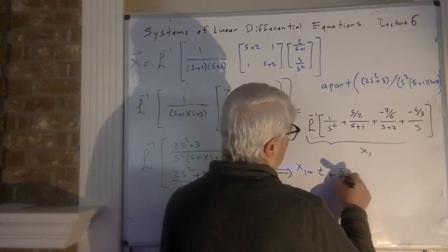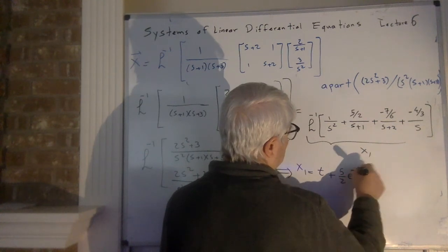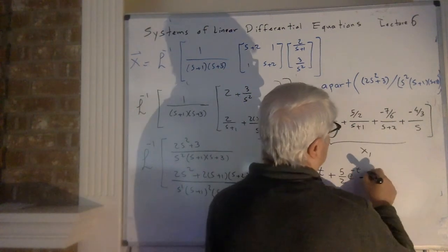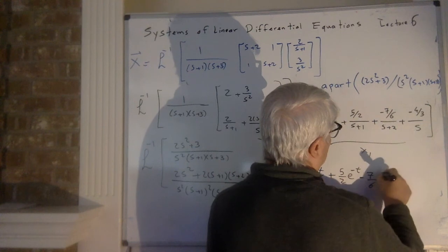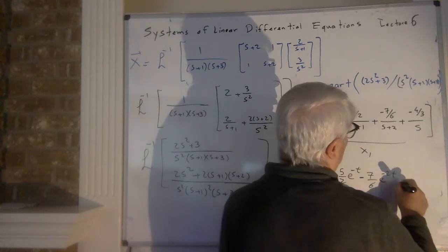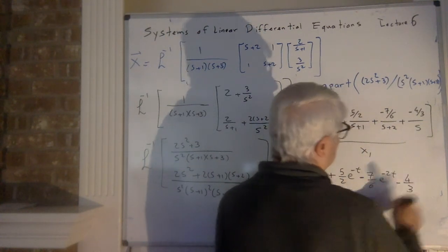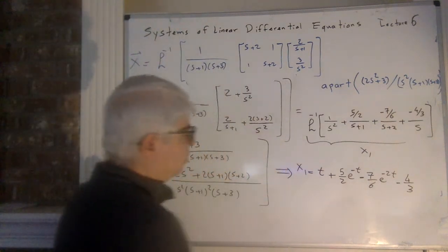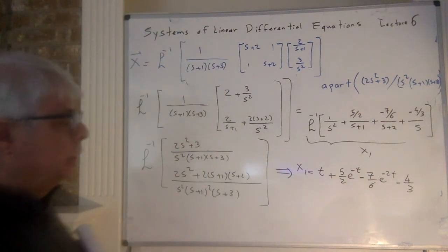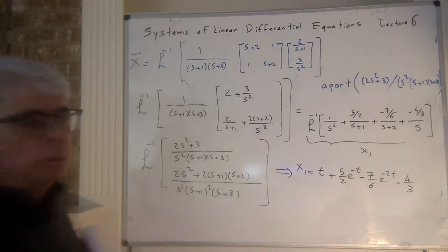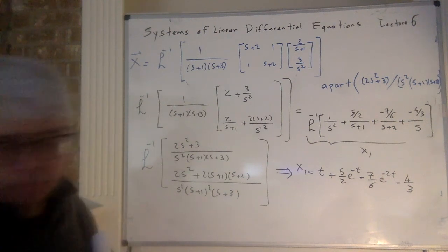Plus 5 over 2 e to the power minus t, minus 7 over 6 e to the power minus 2t, minus 4/3. So with 0 initial condition, that is what I get for the answer in this case.